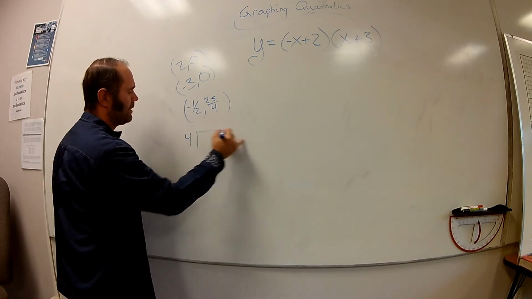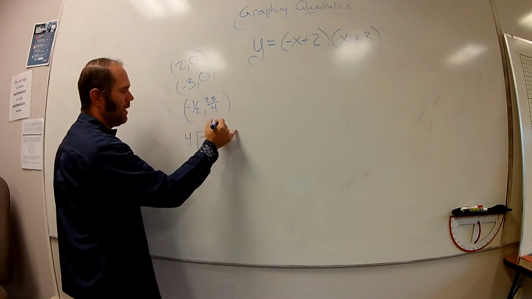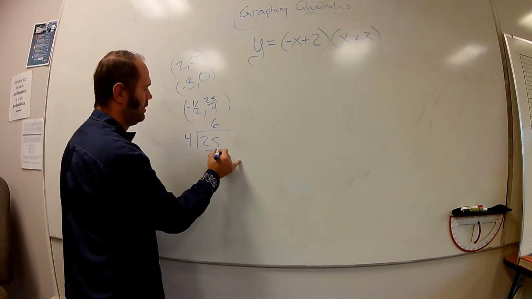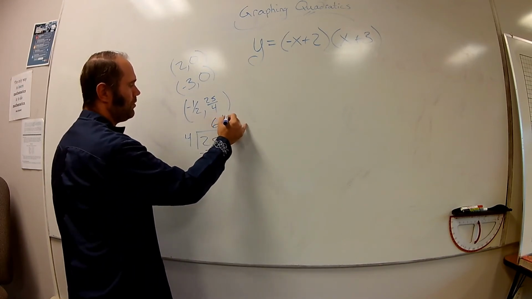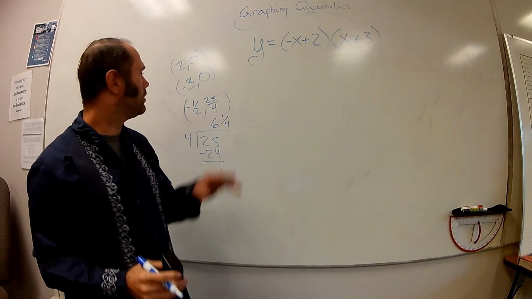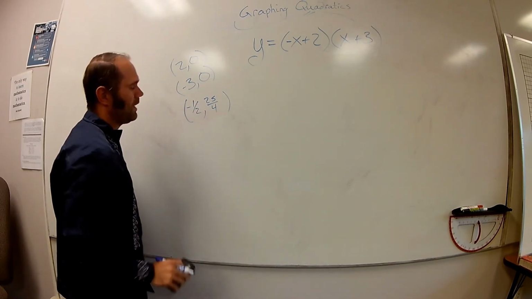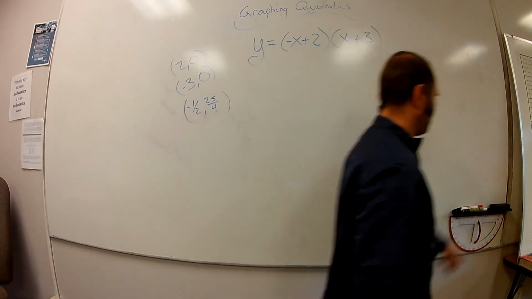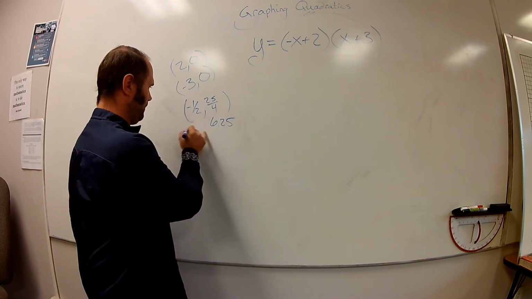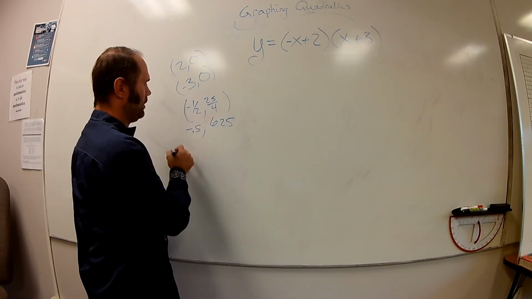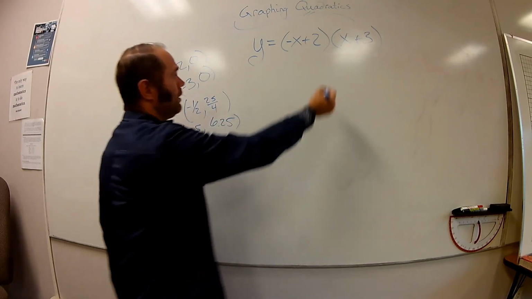How many times does 4 go into 25? That would be 6 times. 6 times 4 is 24, with a remainder of 1, so 6 and 1/4. So 25 fourths is 6 and 1/4, or 6.25. That can be helpful. And the x value is negative 0.5, which is just another way of writing negative 1 half. These are the same.